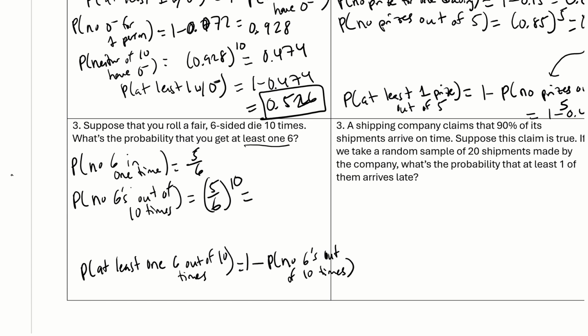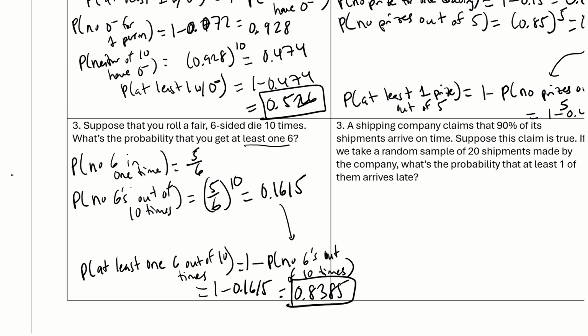Okay, so that's going to be 0.1615, around there. And then we can plug that in. That's 0.8385. So there's a pretty good chance that you get at least 1 six out of those 10 times.